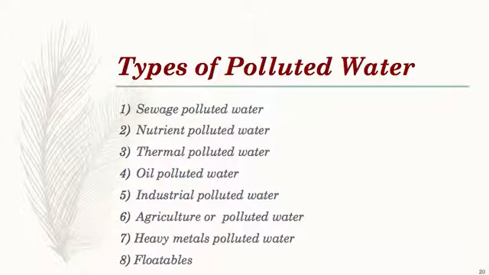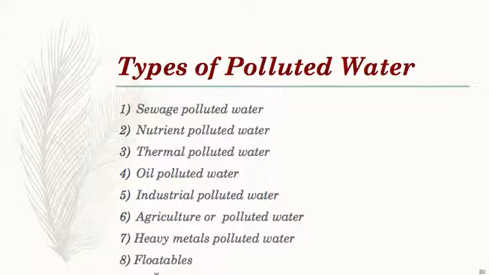It may be hazardous and non-hazardous. So there are different types of polluted water like sewage polluted water, nutrient polluted water, thermal polluted water, oil polluted water, creating oil pollution, thermal pollution, industrial pollution, agricultural polluted water, heavy metal pollution and floatables. I have already explained one by one all of these types of pollution which are creating nuisance in our environment.